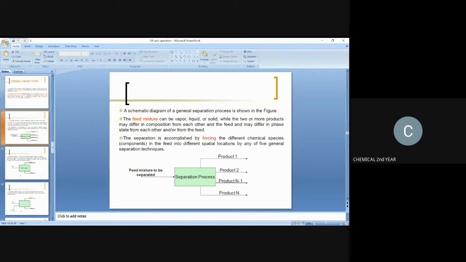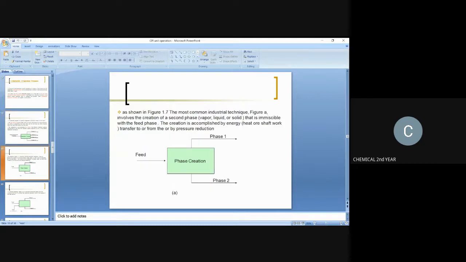If we see here, the feed mixture which is to be separated is sent to the separation process, in which it is separated into product 1, product 2, product N1 and product N. As shown in the above figure, the most common industrial technique involves the creation of a second phase that is immiscible with the feed phase.